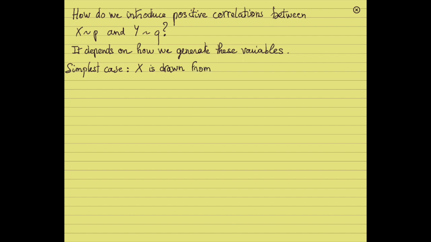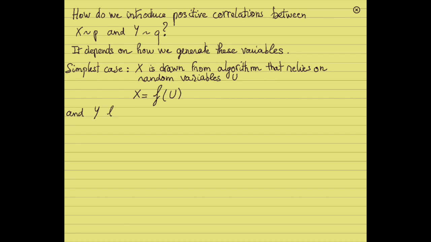So we assume that x is obtained as the output of an algorithm that also employs as input random variables denoted by u, for example, a uniform variable in the interval 0, 1. So then we can write x as a function of u. And likewise, suppose that the variable y following q is obtained from an algorithm that takes also a random input of the same format.